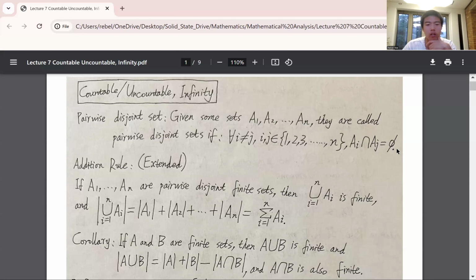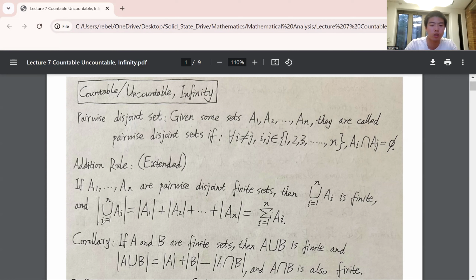The extended version of the addition rule is for pairwise disjoint finite sets. Just to mention, all of the sets A1, A2, ..., AN here are finite sets. We have not covered any information about infinite sets and have no problem about them. So they are all finite sets, and then the union of them is finite.